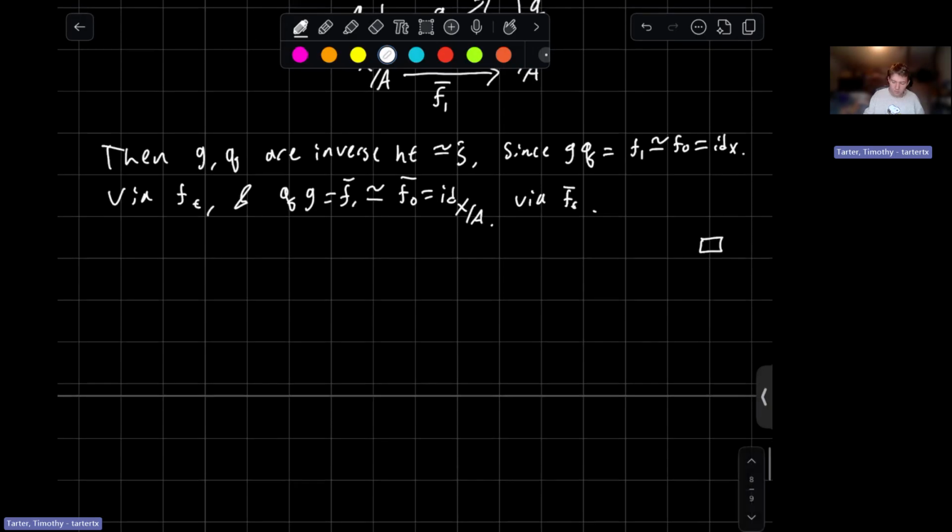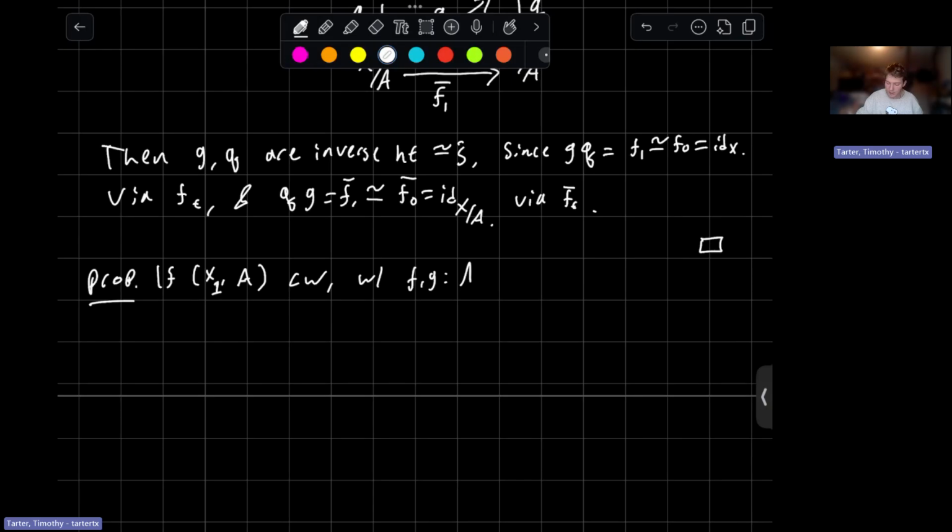So, yeah. Proposition. If X1, A is a CW pair, and we have attaching maps f and g from A to X naught, with f homotopic to g.